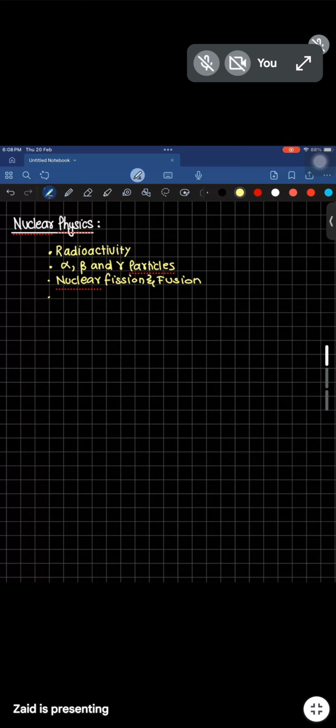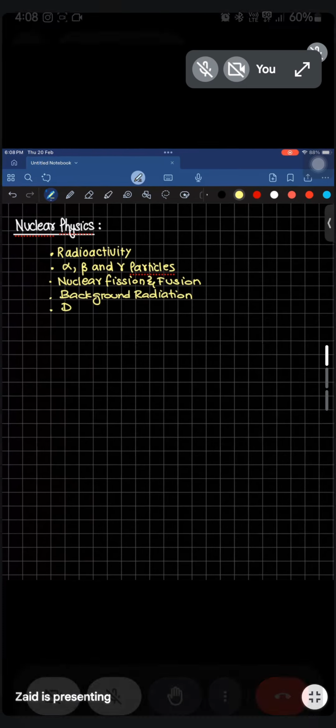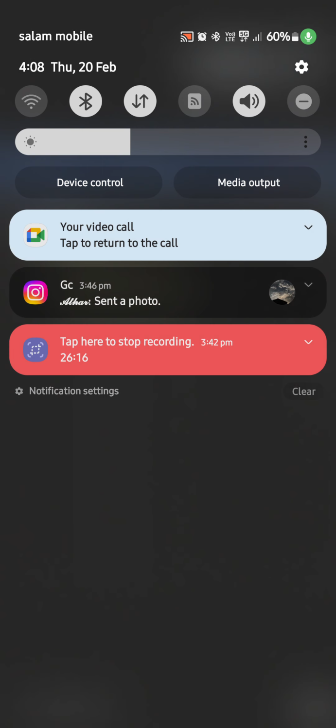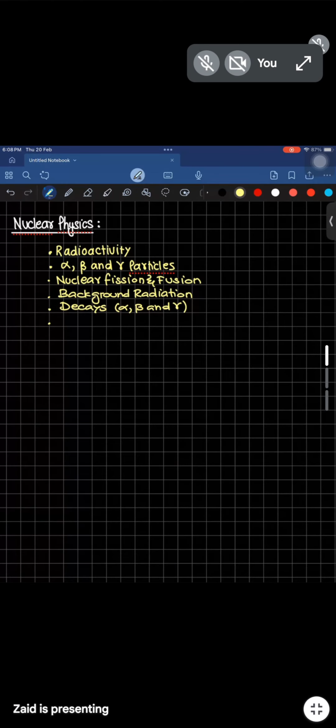The CRO, cathode ray oscilloscope, is also in the O-level syllabus. There are slight differences, so I'll make you learn about that as well. So don't worry. We are going to talk about background radiation, the decays, alpha, beta, and gamma, and the effect of electric and magnetic field.